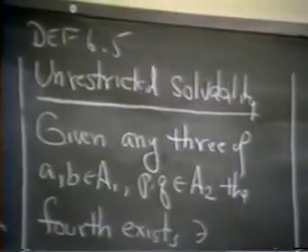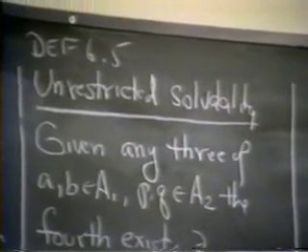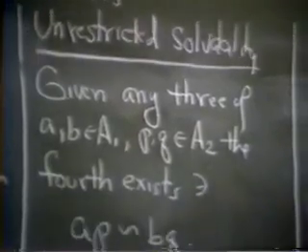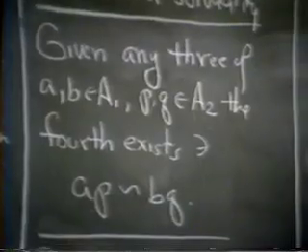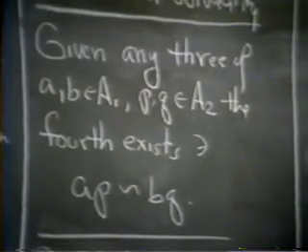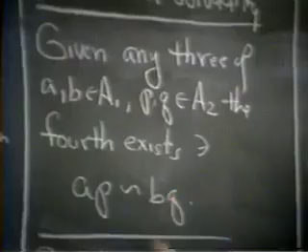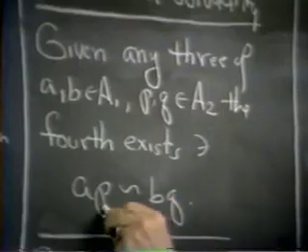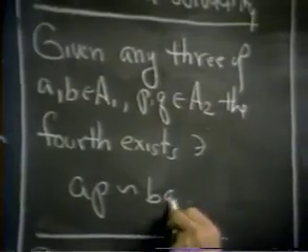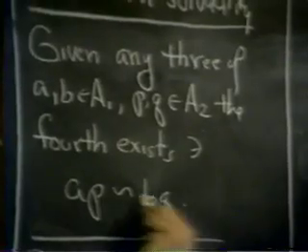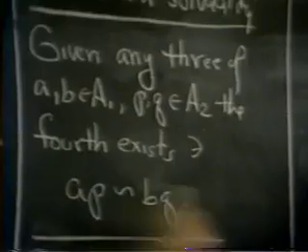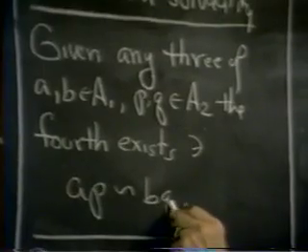And it states the following: if I give you any three elements, two of them from one component and one from the other. So, for instance, suppose I give you A and B and I give you P. The assertion is then I can find a Q in the second component that will cause the indifference relation AP indifferent to BQ to hold.